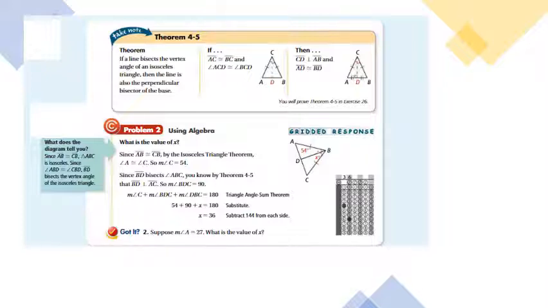So here we will add angle A plus angle ADB plus angle DBA equal 180. Substituting, 54 plus 90 is 144, is it right? So this equation will be 144 plus x equals 180. Then to solve for x, we will subtract 144 from each side. So the answer is x equals 36.